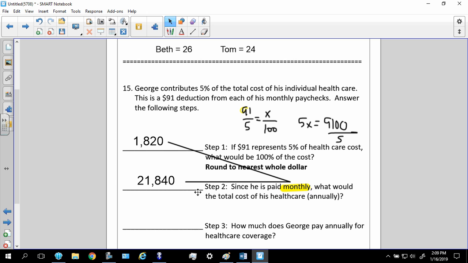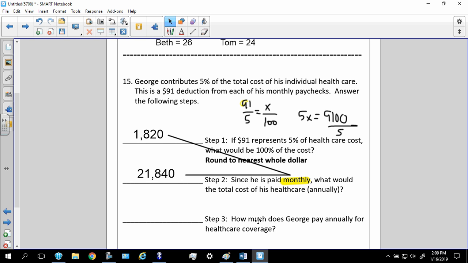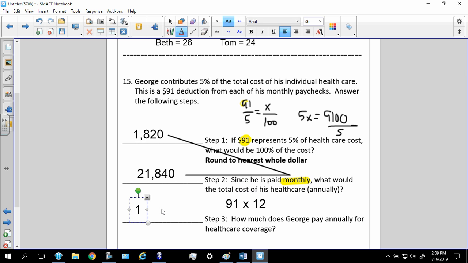All right, step number 3 says, how much does George pay annually for his healthcare coverage? Well, he pays $91 every month. So very simply, I'm going to take $91 times 12, which gives me George's contribution of $1,092.